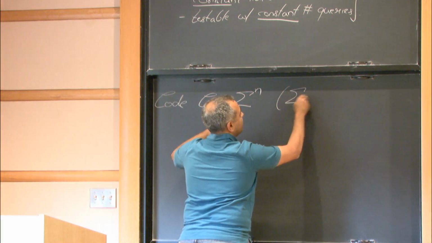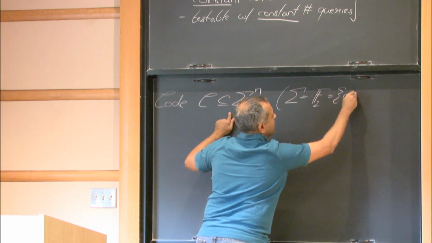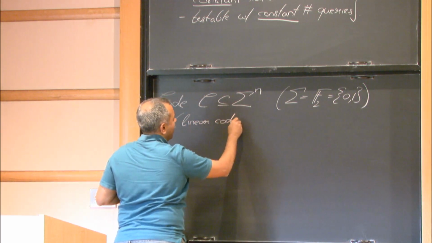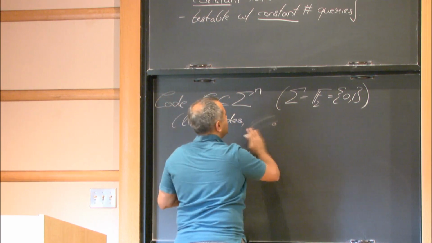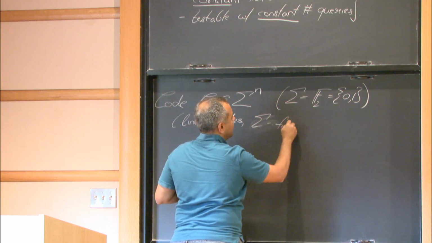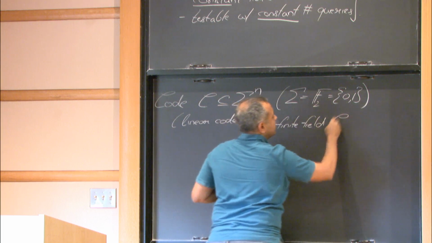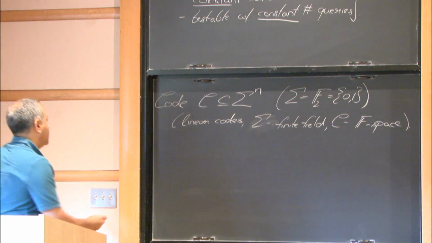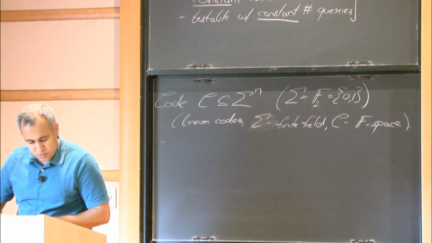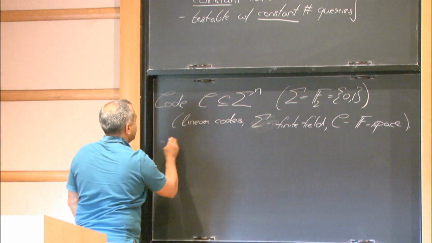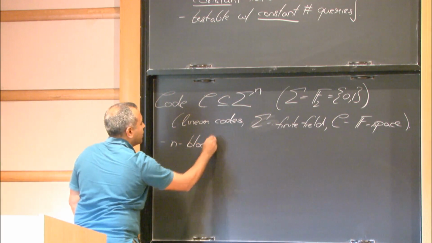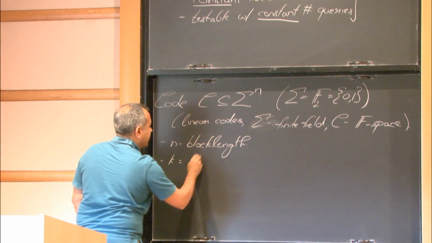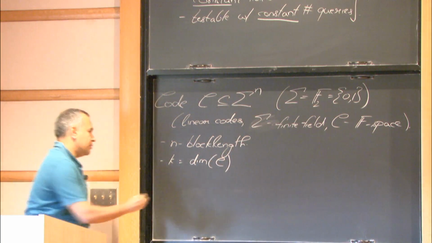Typically the Sigma I'll be talking about will be F2, 0 and 1, and we'll actually be interested only in linear codes, in which Sigma is a finite field and C is an F-vector space. n is usually referred to as the block length of the code, and k is the dimension of C over the base alphabet.